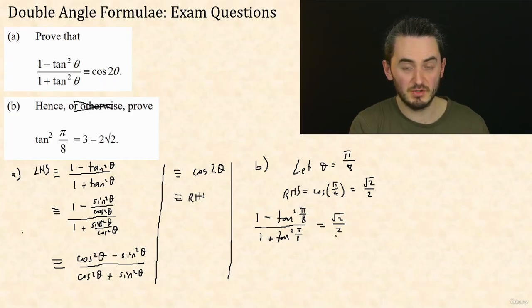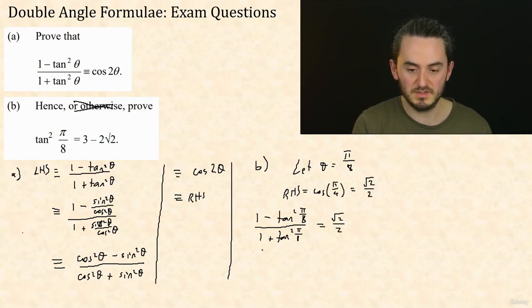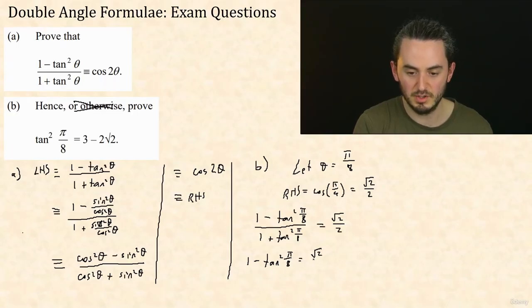So this is now just an equation for me to solve. So if I multiply through by 1 plus tan squared pi over 8, I get 1 minus tan squared pi over 8 equals, and then 1 plus tan squared pi over 8 times this stuff is root 2 over 2 plus root 2 over 2 tan squared pi over 8.